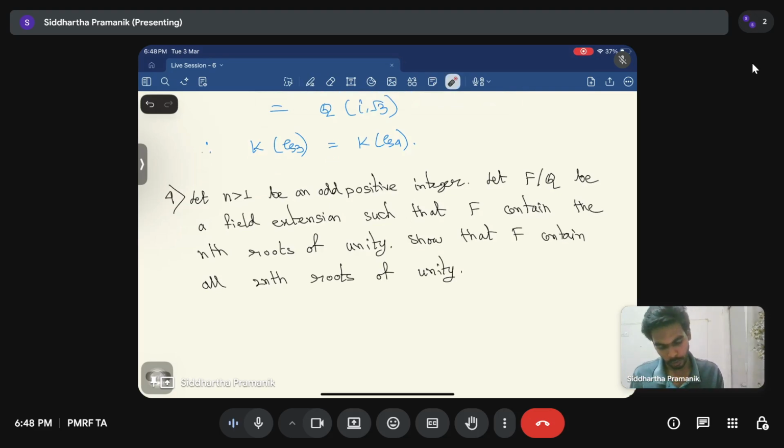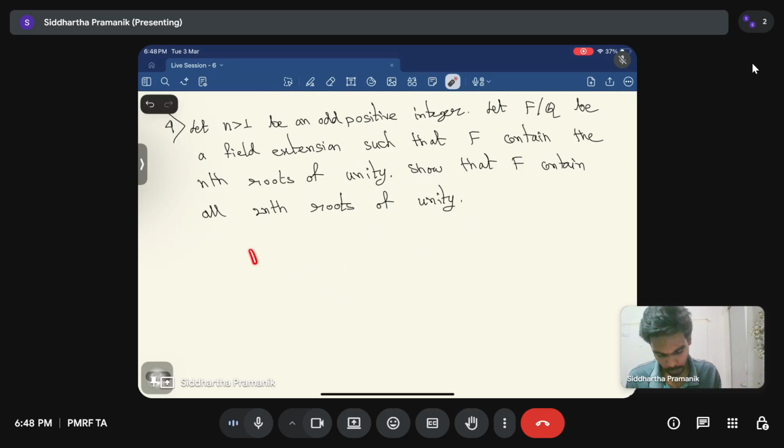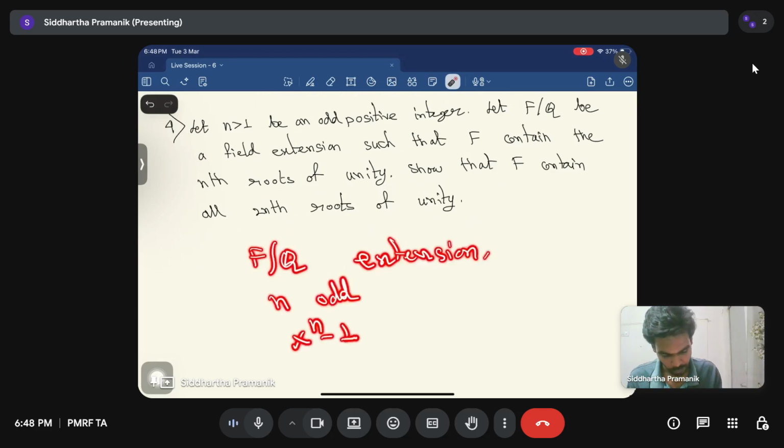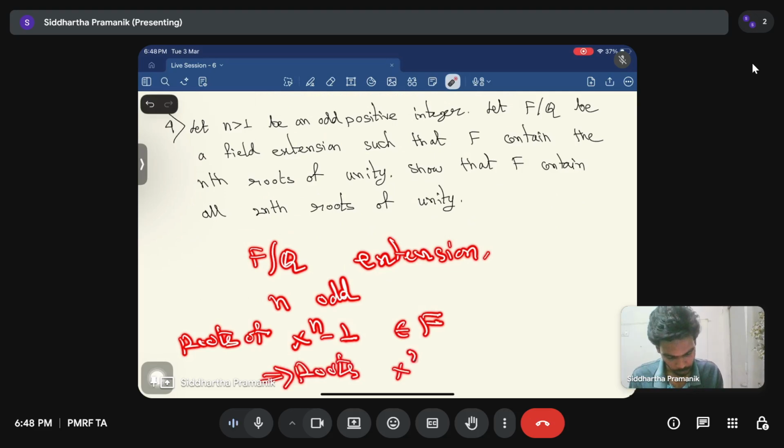Okay, so what is this problem? F over Q is a field extension. n is odd, and the roots of x power n minus 1 belong to F. We need to prove that the roots of x power 2n minus 1 also belong to F. That is the problem.